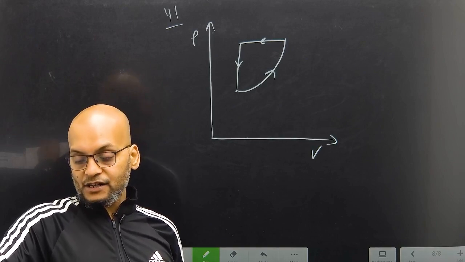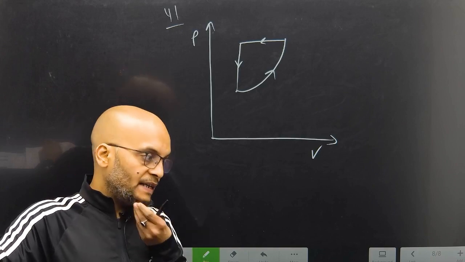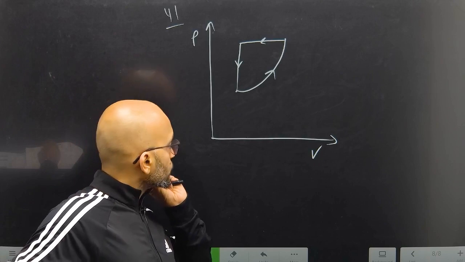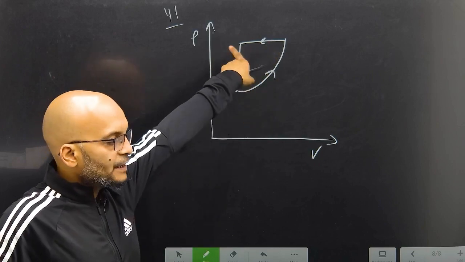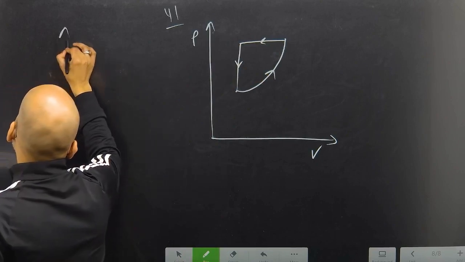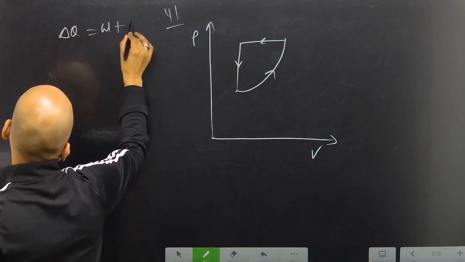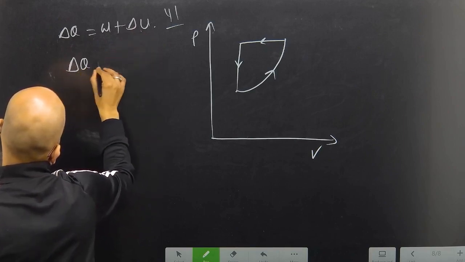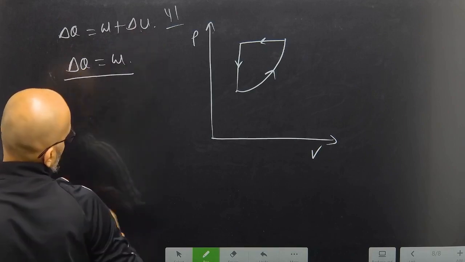Now pay attention. If you talk about heat, this is anti-clockwise. Guys, we all know delta Q is equal to W plus delta U. Here delta U is 0, that means delta Q is equal to W, yes or no?